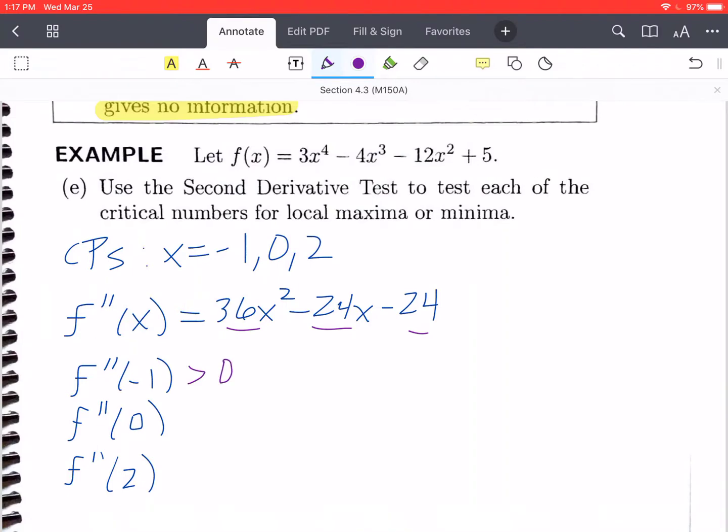And then f double prime of 0, that's going to be 0 minus 0 minus 24, so that's negative. And then at 2, we get 36 times 4 minus 24 times 2 minus 24. This one is positive as well.